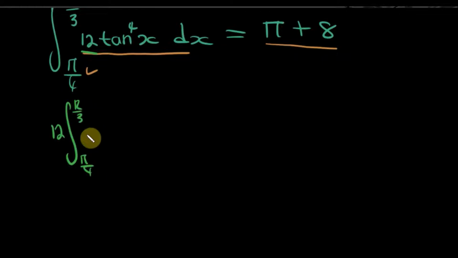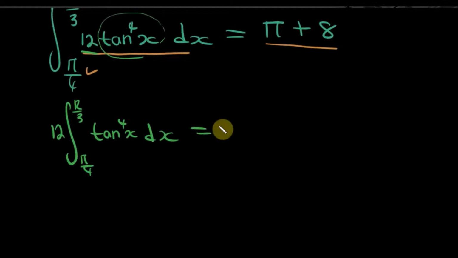I'm not worried about the boundary at the moment. What we are worried about is this term inside the integral sign. So let's break it down. Let me just rewrite that as it is. Then all this becomes, still have our limits.